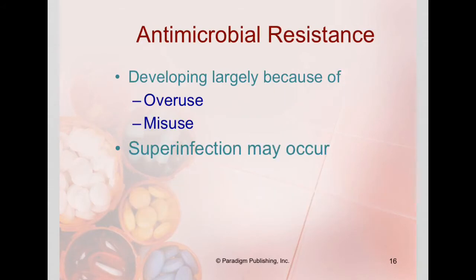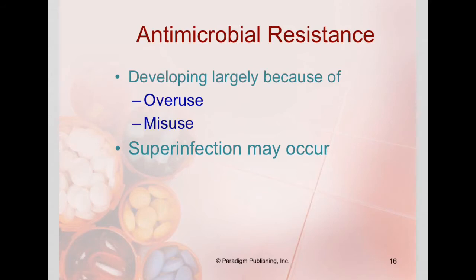The slide's just talking about antimicrobial resistance, and it's developing largely because of the overuse and misuse of antibiotics. Patients are going into doctors' offices telling them, hey, give me a shot of penicillin, I need antibiotics, I don't feel good. And if it's viral, an antibiotic isn't going to help at all.